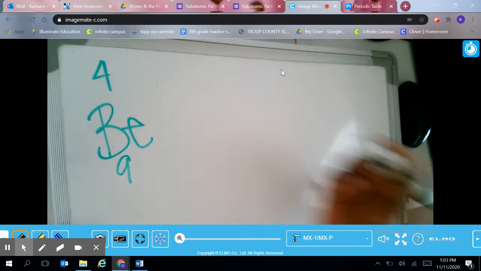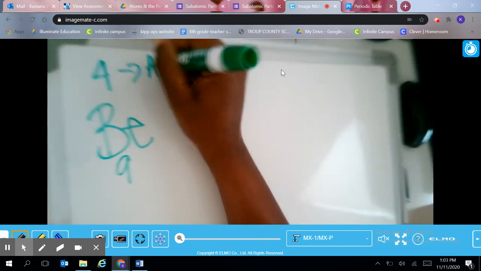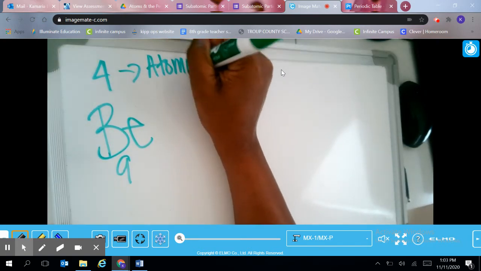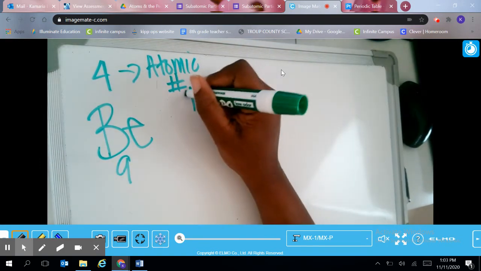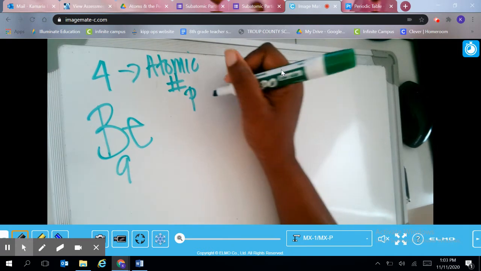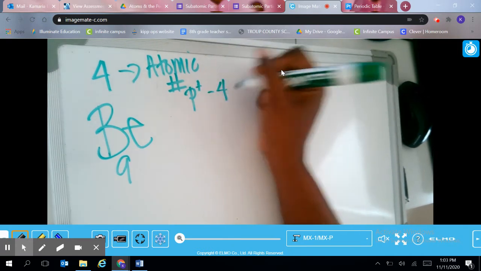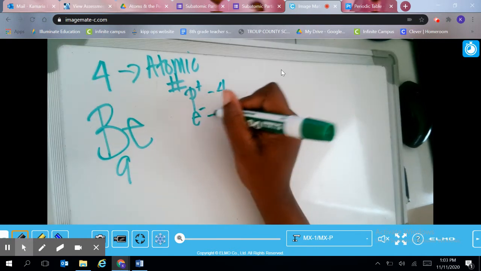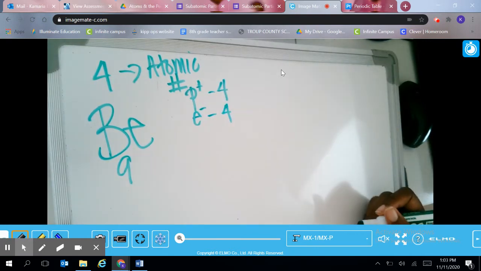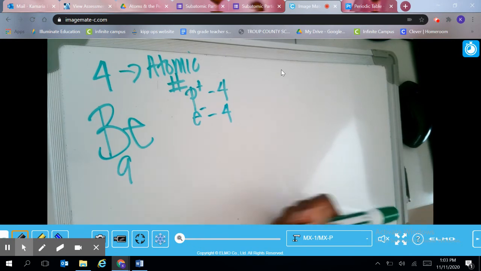All right, so 4 is my atomic number. I'm going to label that because my atomic number also tells me how many protons I have. So if 4 is my atomic number, that means I have 4 protons. Because we're dealing with a neutral atom, it also tells me that I have 4 electrons. So the only other subatomic particle I need to find is neutrons.